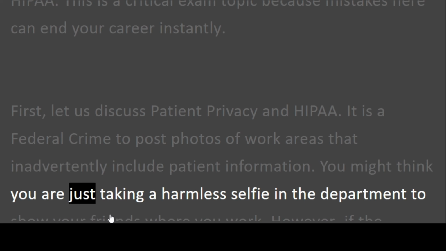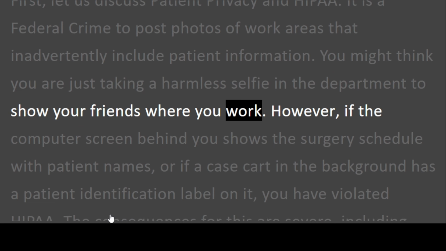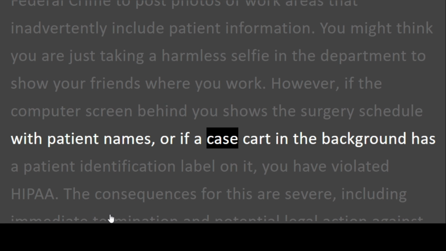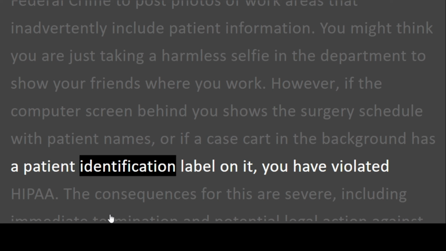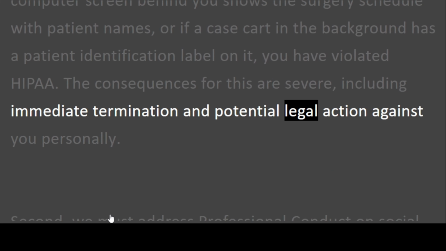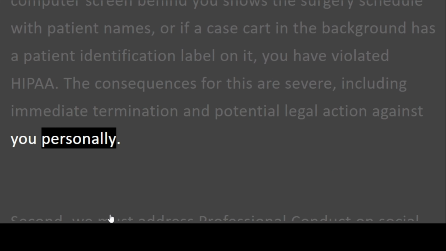You might think you are just taking a harmless selfie in the department to show your friends where you work. However, if the computer screen behind you shows the surgery schedule with patient names, or if a case card in the background has a patient identification label on it, you have violated HIPAA. The consequences for this are severe, including immediate termination and potential legal action against you personally.